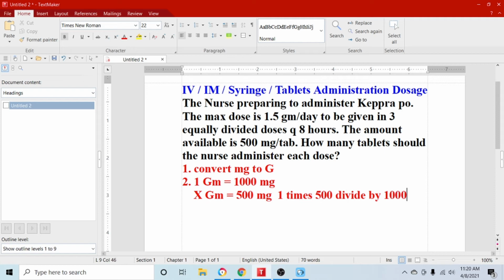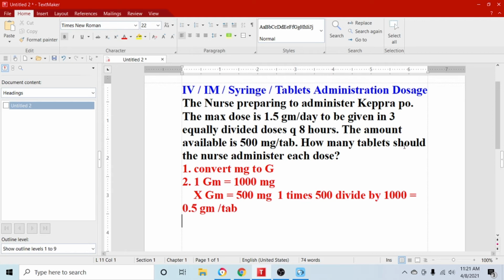Doing the math, that would be 0.5 gram tablets. So what we have on hand is 0.5 gram tablets. Now, we cannot give more than 1.5 grams per day.